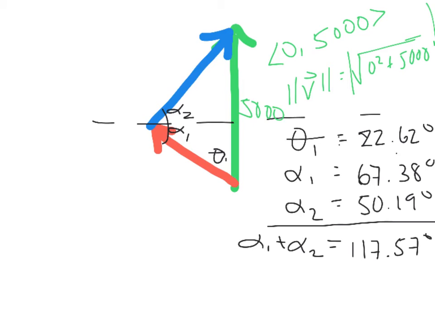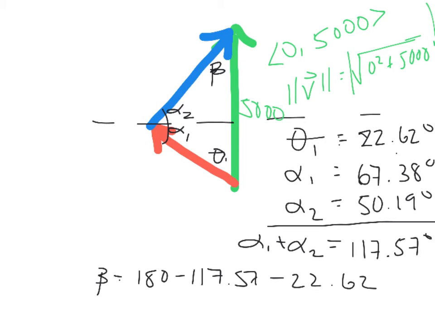Because let's find angle beta. Well, angle beta is simply 180 minus 117.57 minus 22.62.